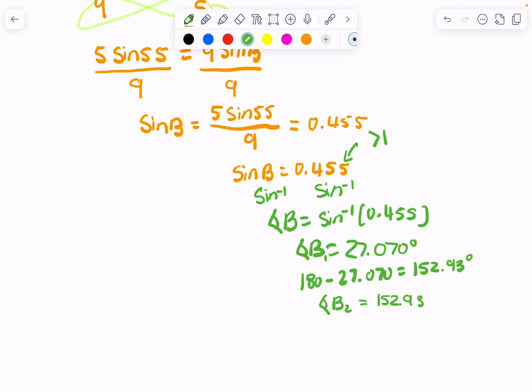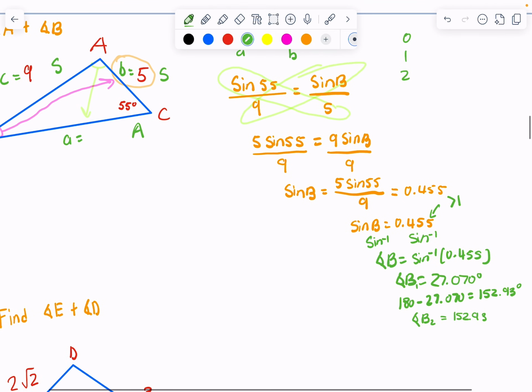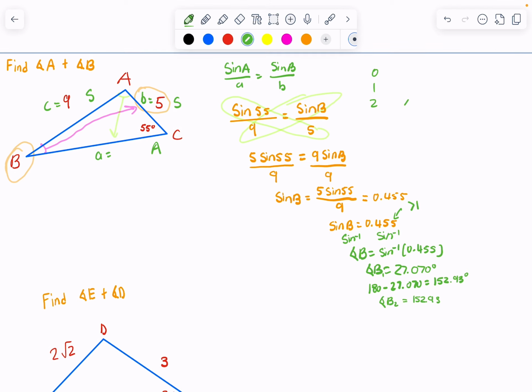You're going to add the given angle. In this case, it would be 55. So we're going to take both angles and add 55 to each. So angle B1 is 27.070 plus 55, which gives us 82.07 degrees.